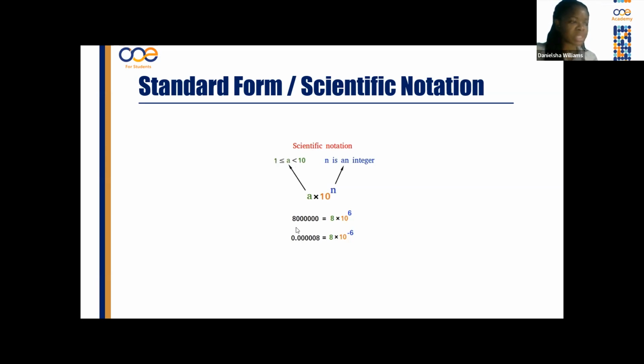So in the examples here, you are given 8 million, so you already know that this numeral will be starting with 8, same for the second example. Scientific notation or standard form is generally your short way of writing either large numbers or small numbers, as you can see from those examples.